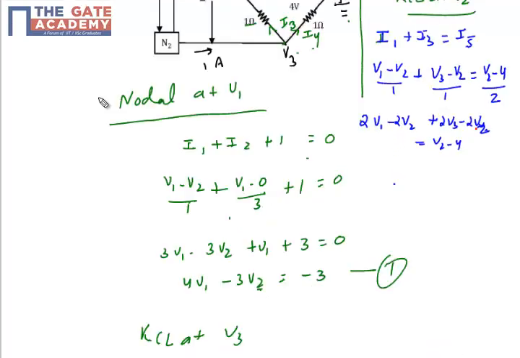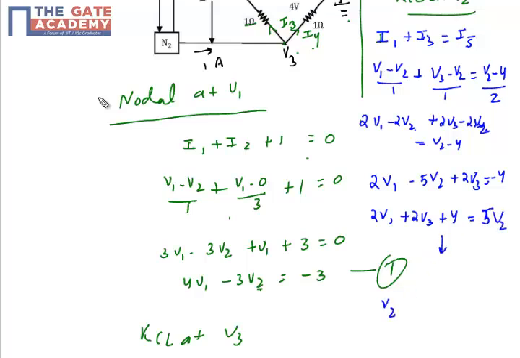This will be 2V1 minus 5V2 plus 2V3 is equal to minus 4. If I take V2 on one side, 2V1 plus 2V3 plus 4 is equal to 5V2. So V2 is equal to (2V1 plus 2V3 plus 4) by 5.